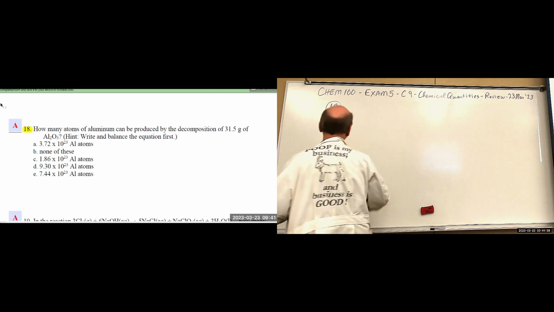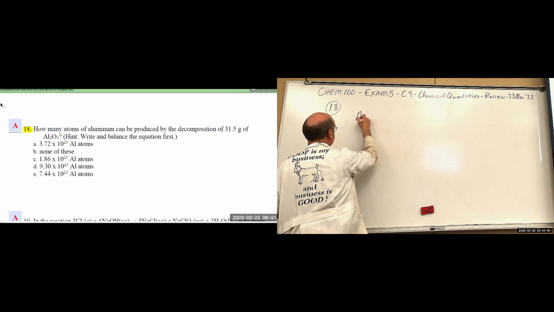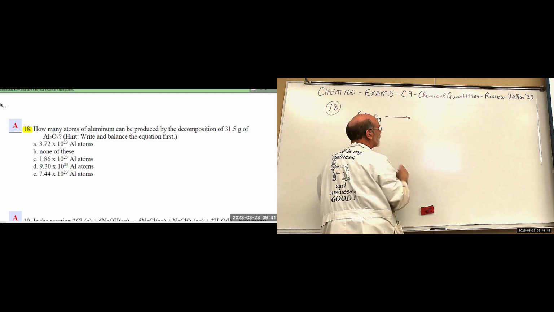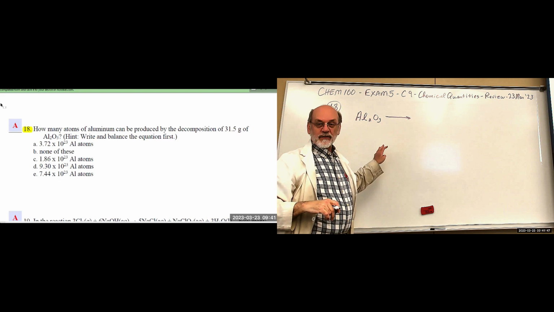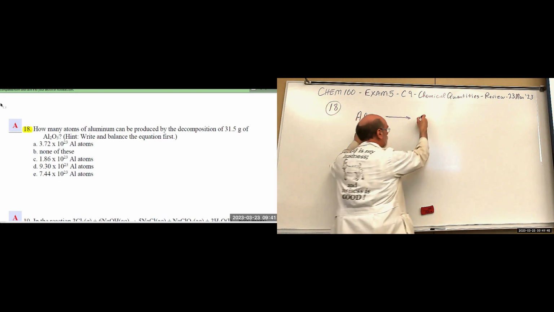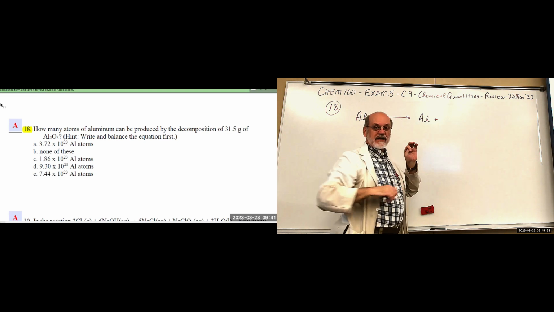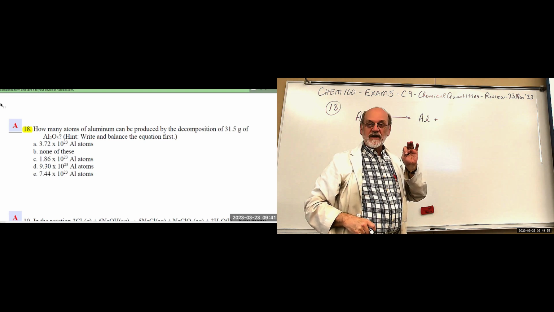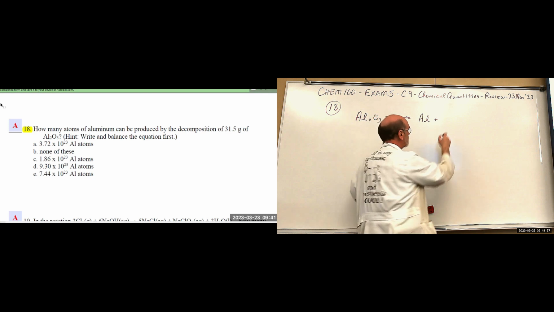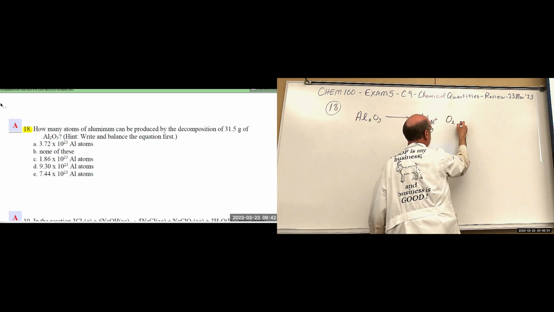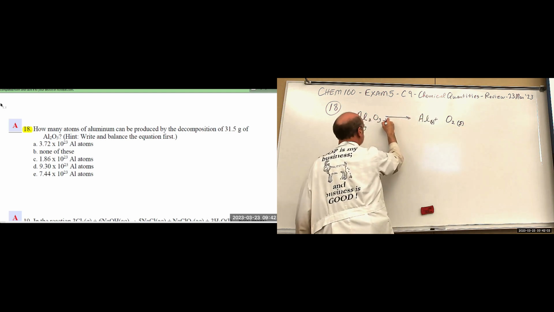Al2O3, aluminum oxide, decomposition will produce elements, aluminum over here, and oxygen in its most stable form, which is O2. All right, this will be a solid, this will be a gas, of course, and this is a solid.